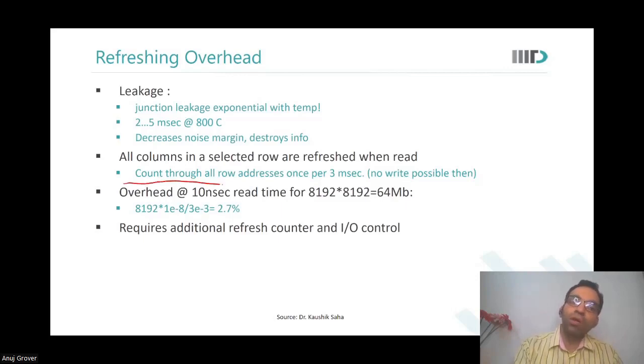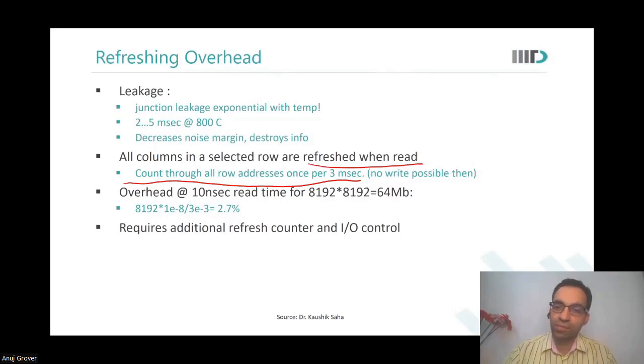You count through all the row addresses once per refresh interval, and in that duration the memory cell contents are refreshed. What this means is that while you are doing a dummy read on the memory array, you cannot do another operation. Because a read is happening, you cannot do any other read or write on the DRAM. So the DRAM is unavailable during the refresh period.